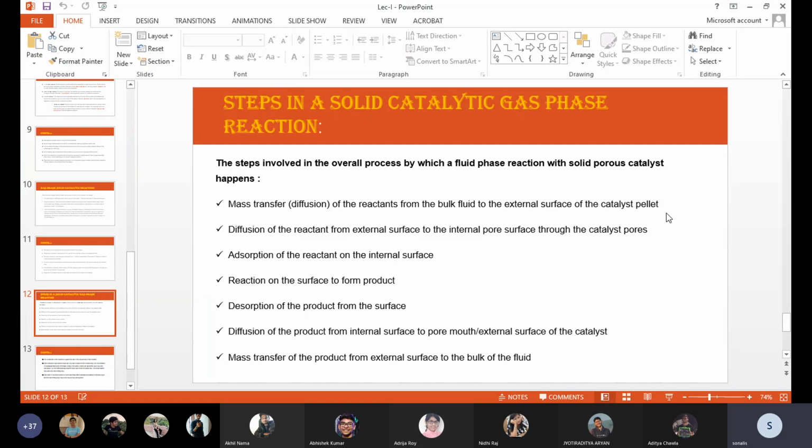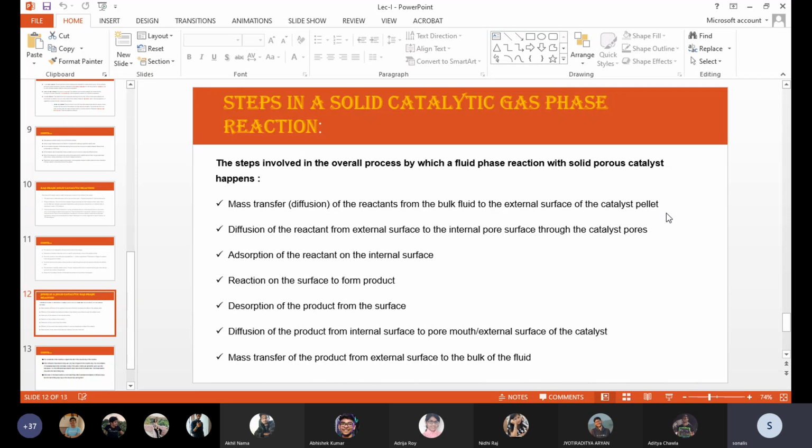So we can obviously assume that some little percentage of reactant molecules will get adsorbed on the outer surface of the solid catalyst, but most of them try to go inside the pores to get adsorbed on the pore surface, where more number of active centers are there. So the first step is the mass transfer from the bulk to the external surface of the catalyst.